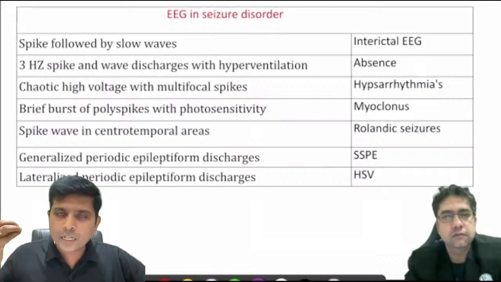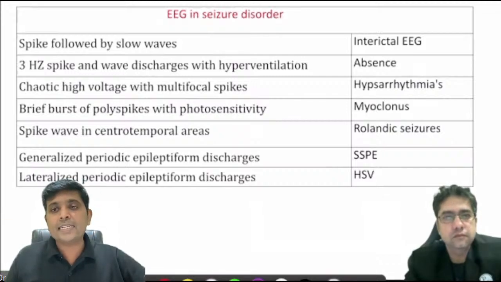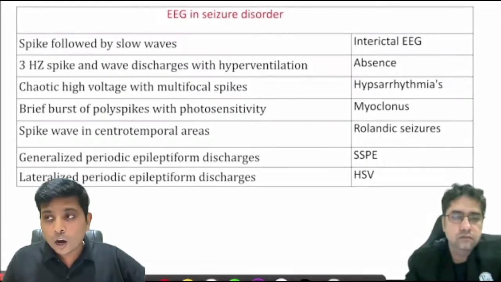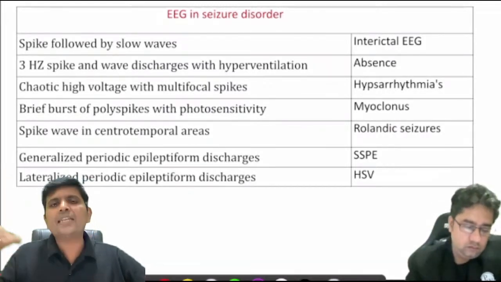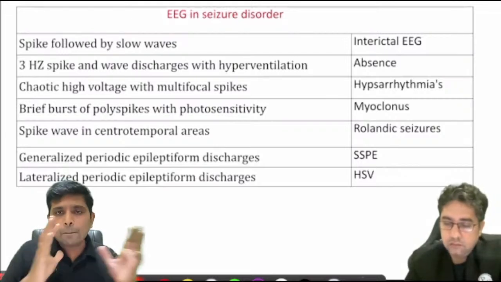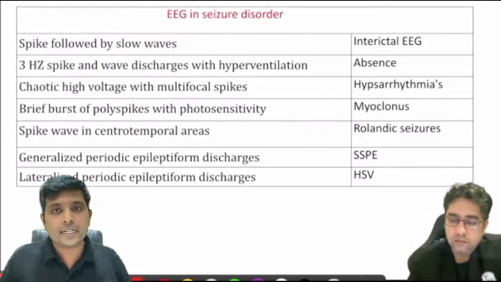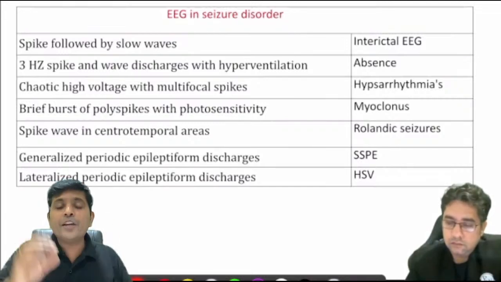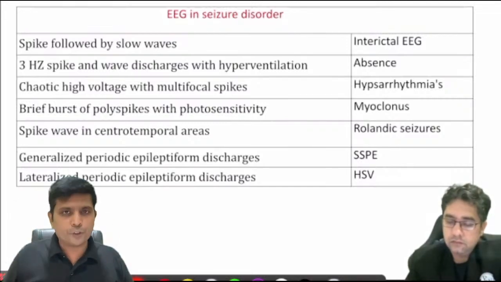All those clinical symptoms and signs can be revealed by taking a simple video of the time when the seizure occurs. This is called pattern recognition. So the first one is video recording of the seizure episode to identify the pattern.